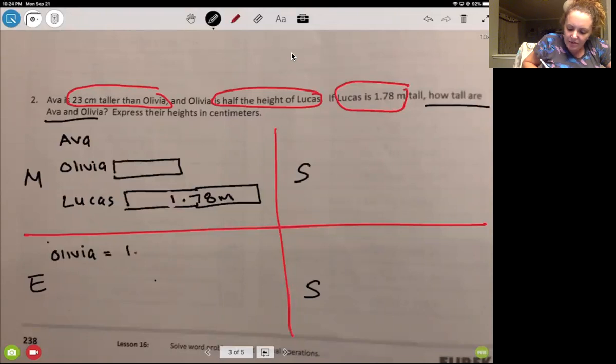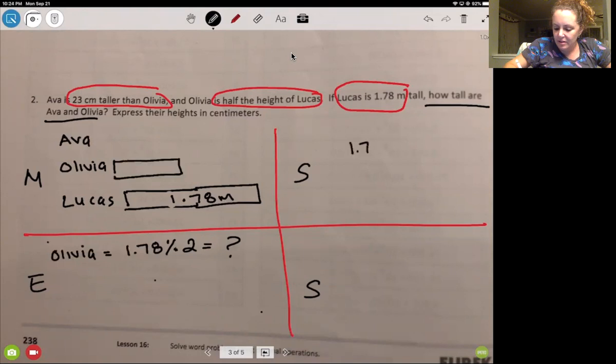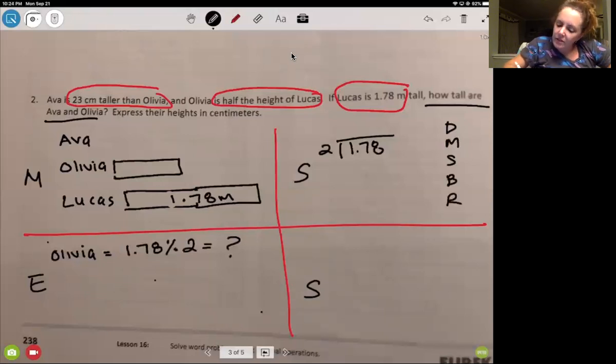So I'm going to take 1 7/800 divided by 2. Oops. So over here in my scratch, 2 can't fit into 1. 2 fits into 17 8 times.